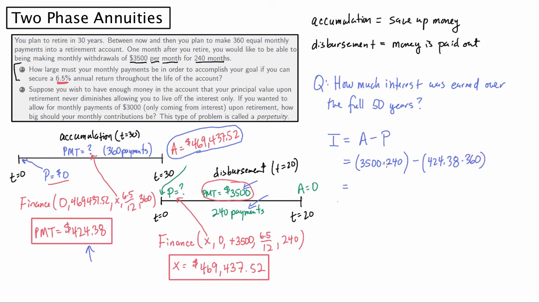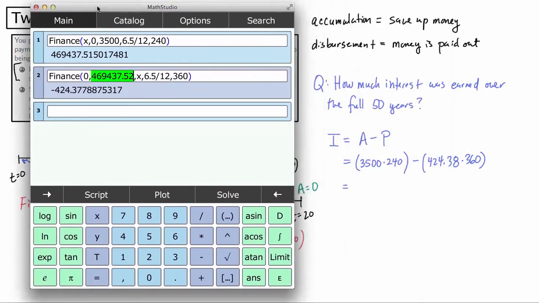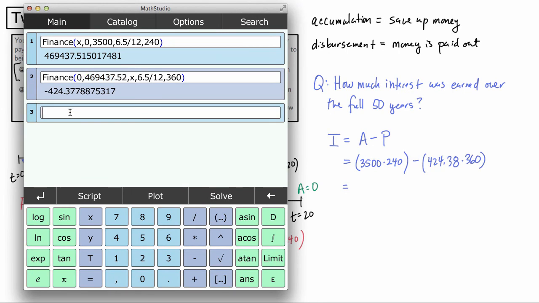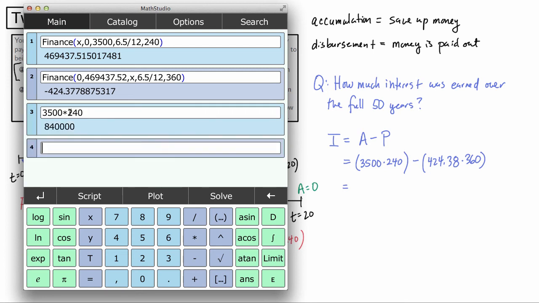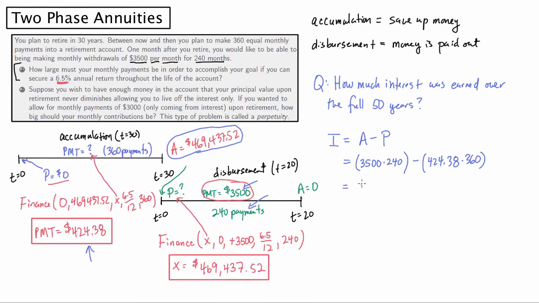So we'll bring the calculator back in now. We paid ourselves $3,500 times 240, or $840,000. Over the 50 years, that's how much we were able to pay ourselves.